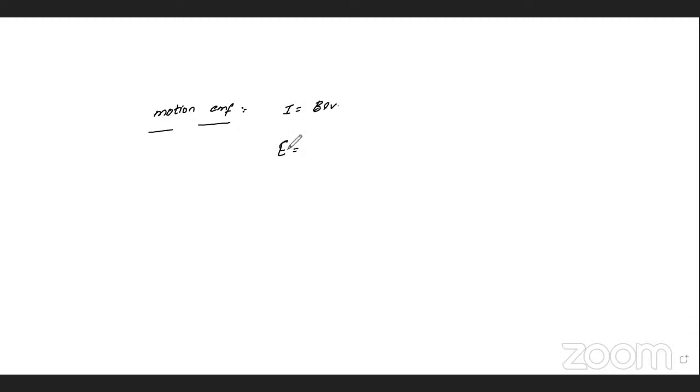What is EMF? Voltage, potential difference. Is it AC or DC? I told you EMF is nothing but a cell. So EMF voltage is nothing but a cell. It is your DC supply.